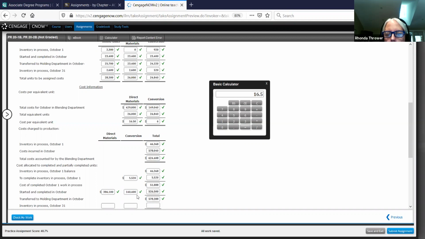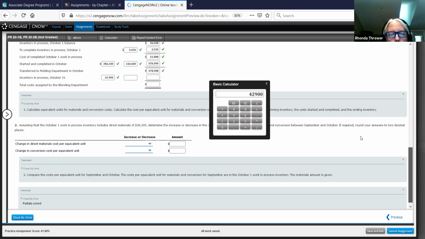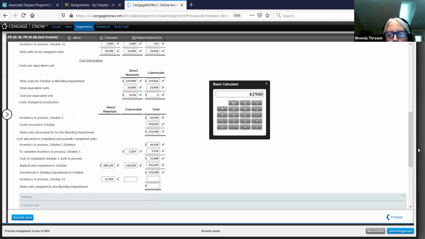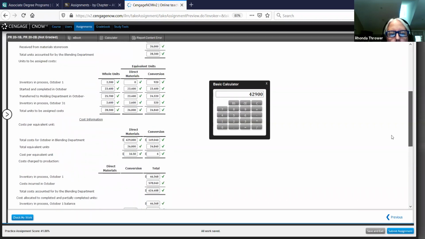And that will give you 42,900 of materials cost for the ending inventory. Next, I would need to determine my conversion cost for my ending inventory.